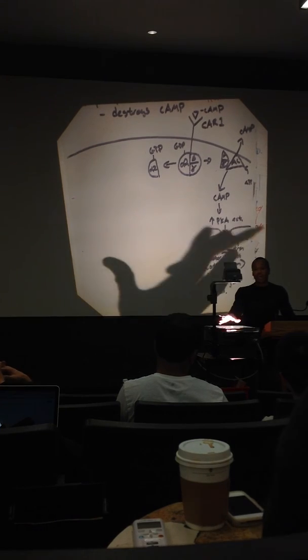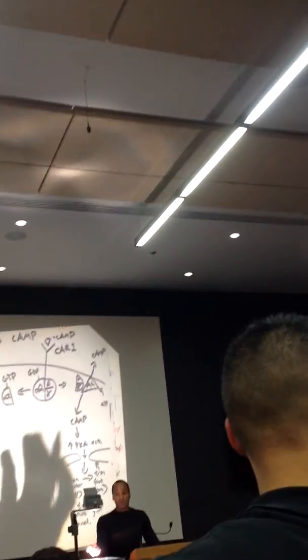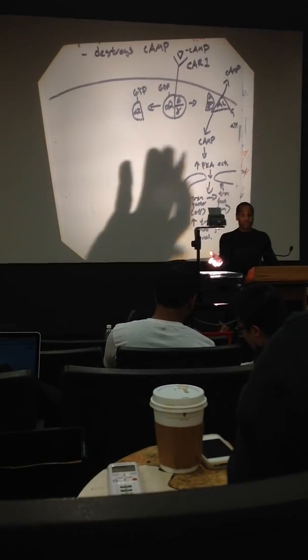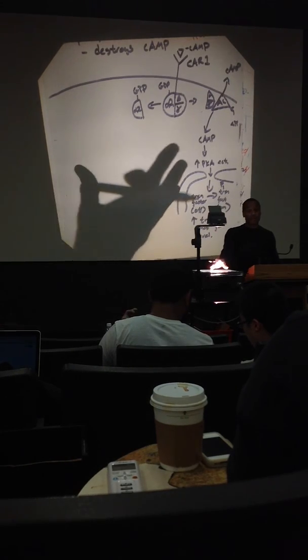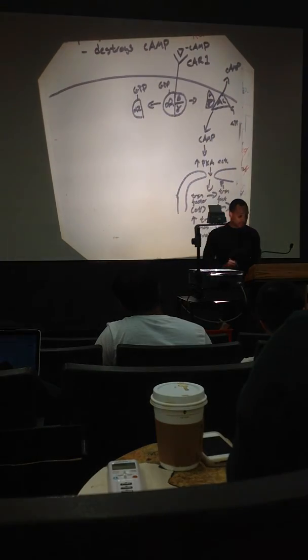All right, so again, this is kind of just half the story. This is what allows for the cells to start transcribing those genes required for development. But also, what do you know happens to a cell that senses cyclic AMP? What does it do? It moves towards cyclic AMP. So what that means is that somehow chemotaxis has to be activated. And that is done by the alpha-2 subunit.